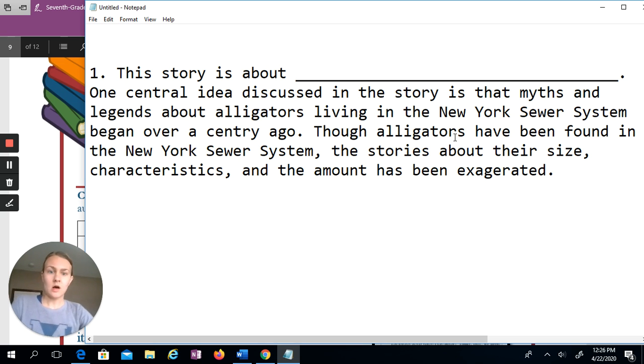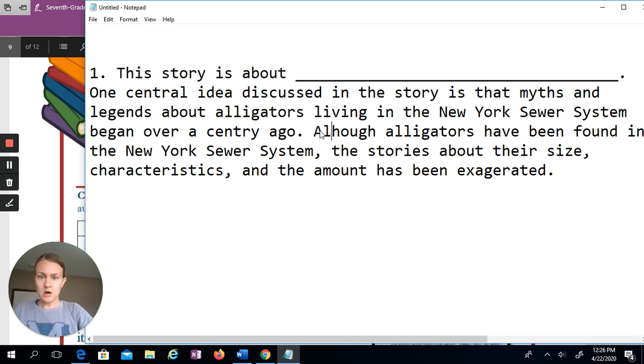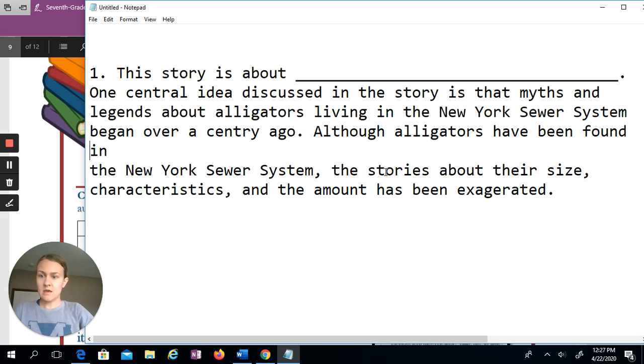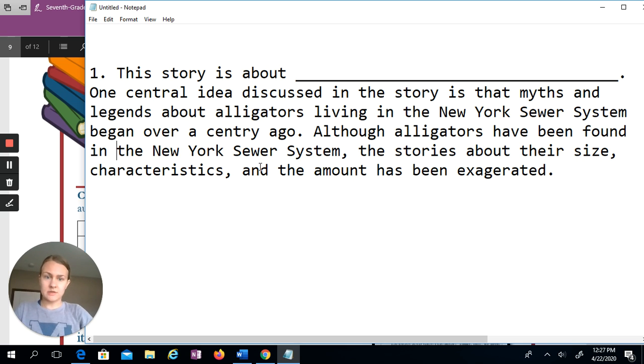Okay, so we're going to change "though" to "although," because that seems to flow better. Although alligators have been found in the New York sewer system, the stories about their size, characteristics, and amount have been exaggerated. Okay?